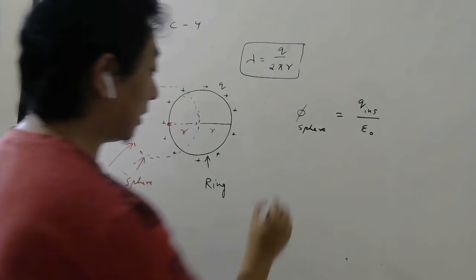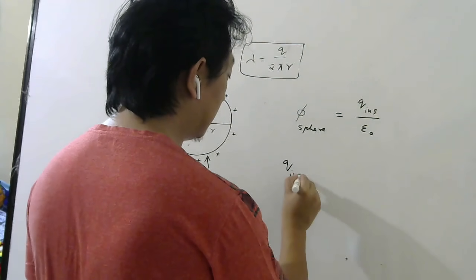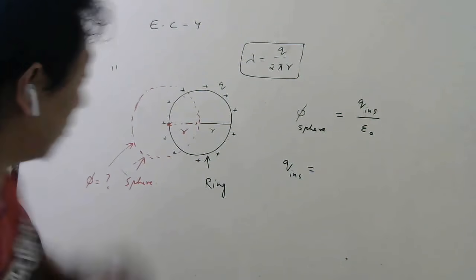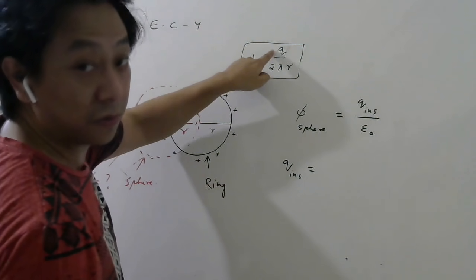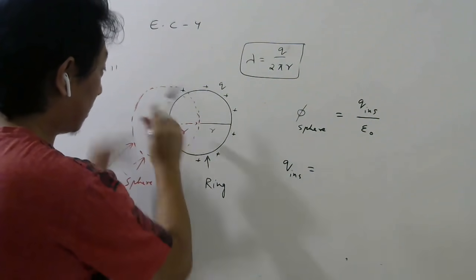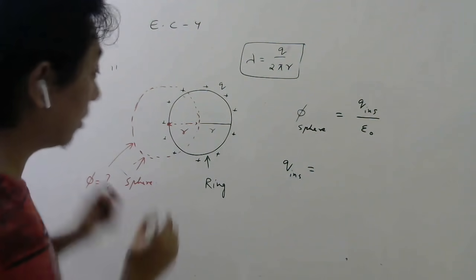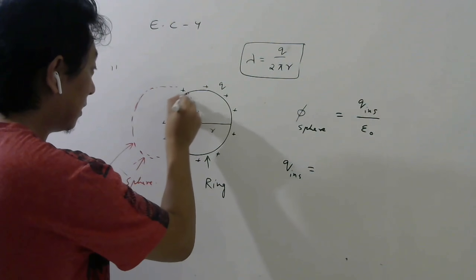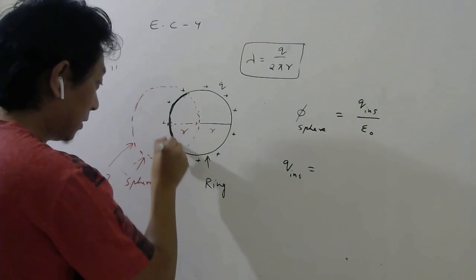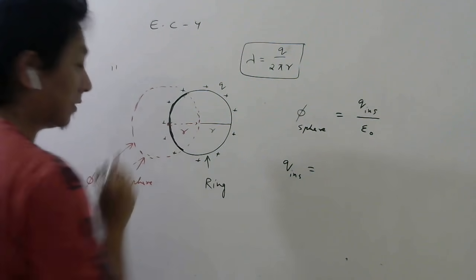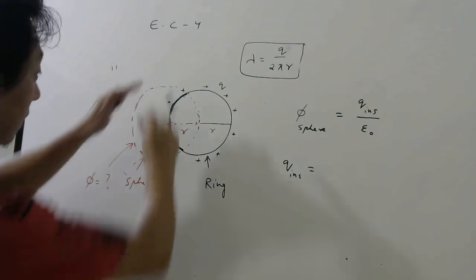Now the point is, how do I find the charge inside? Look carefully. Can I say the whole charge of the ring, which was Q, is inside this sphere? No, only this much is inside. Let me darken this part. Yes or no? Inside the sphere.